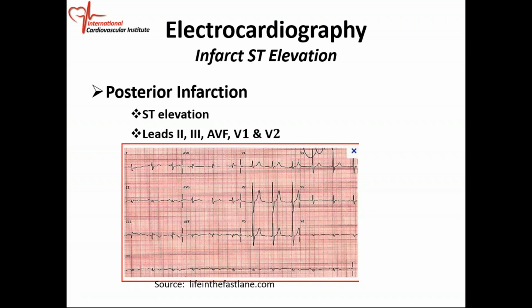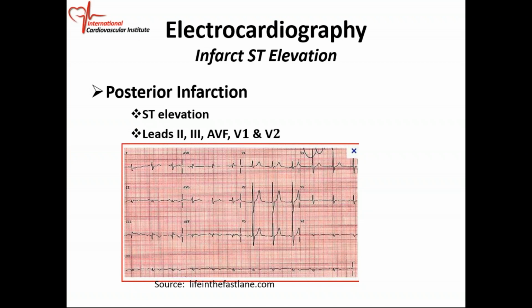So again, the treatment is different from a non-STEMI, okay? So one type of posterior wall infarction is when you have infarction in the inferior leads, okay? And you have prominent R waves in V1 and V2, suggesting that the anterior forces are dominant because the posterior forces are reduced.